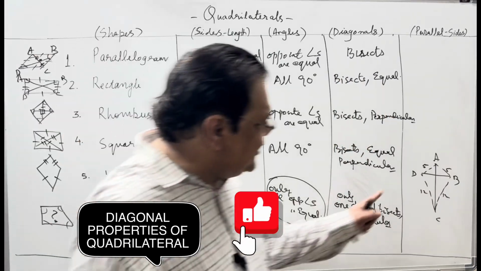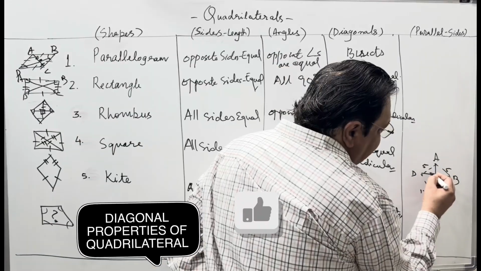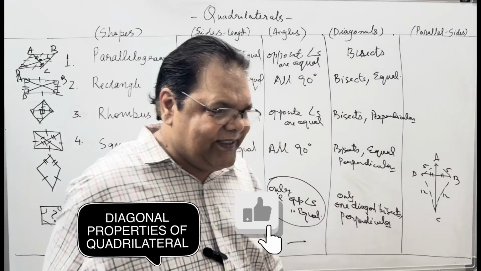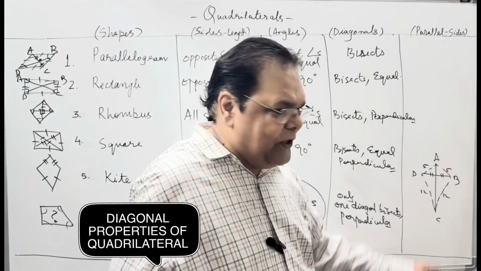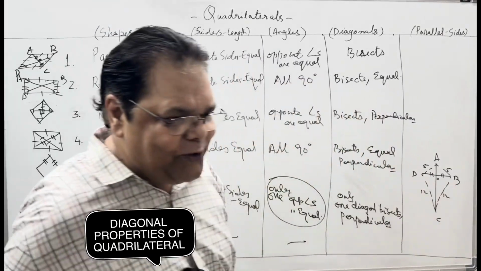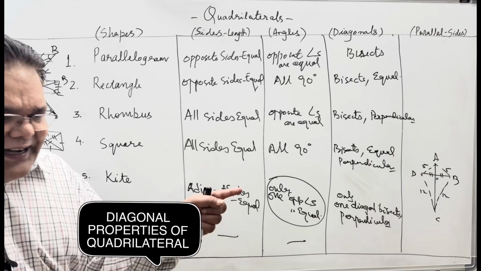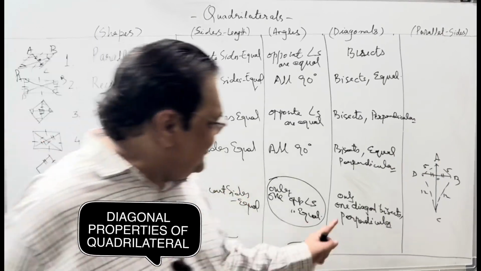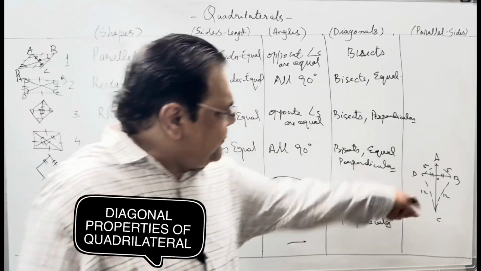Adjacent sides are equal, 5, 5, 12, 12. Only one diagonal bisects and is perpendicular also. But if we take this, AO is not equal to OC. When you divide, only one diagonal is half-half, but the other diagonal is not. That means one diagonal bisects and they are perpendicular to each other.